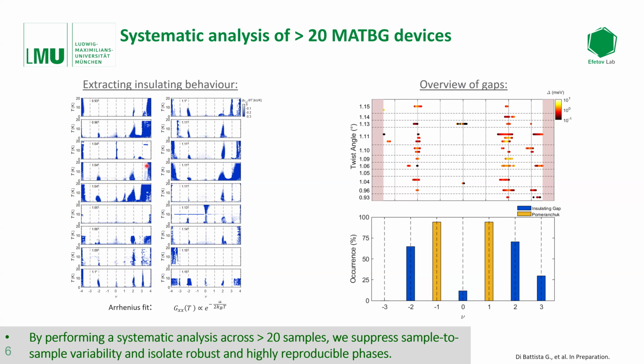We fabricated probably something like 50 devices over the years, but then we found at least 20 devices for which we had a complete data set: magnetotransport, Hall effect, temperature dependencies and things like this. So, complete data sets of them.